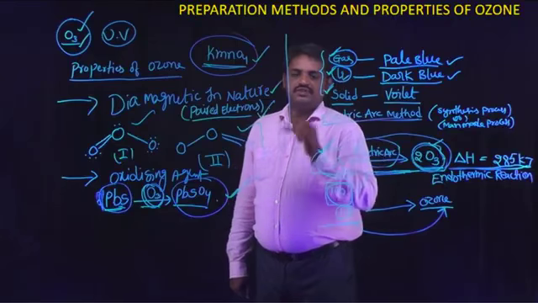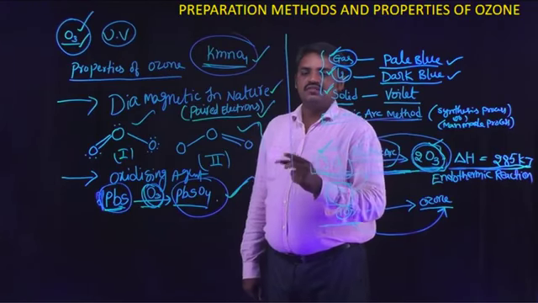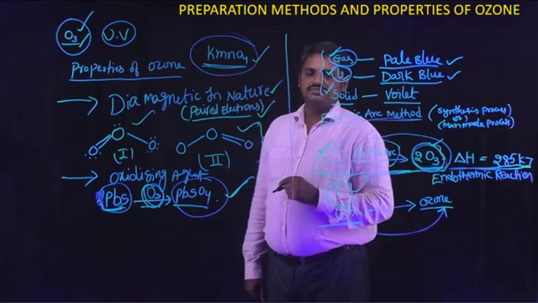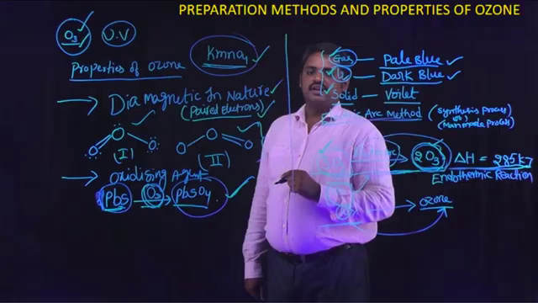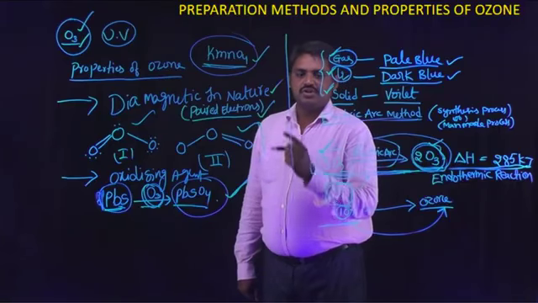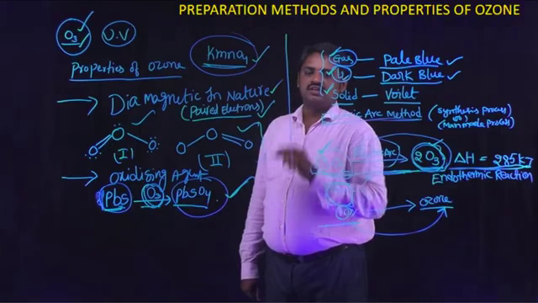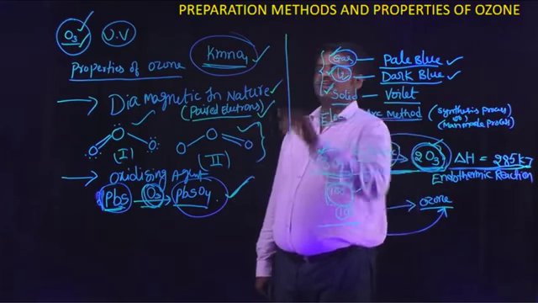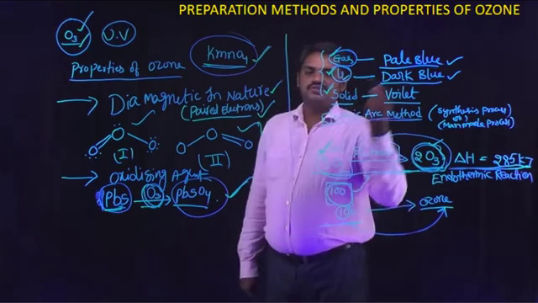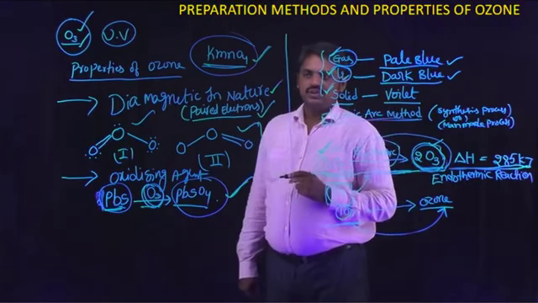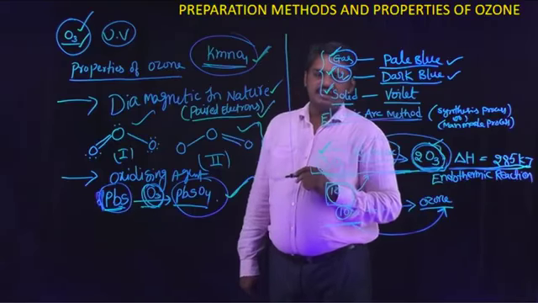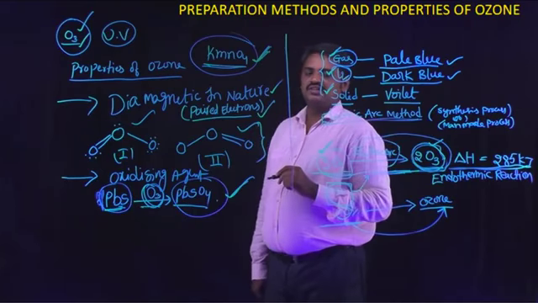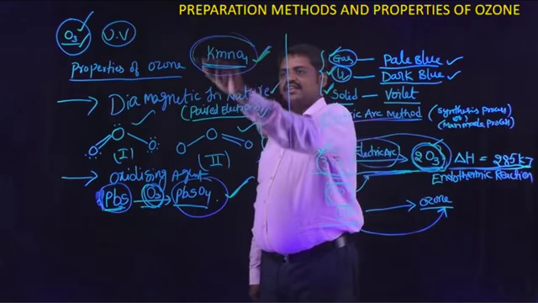Next, ozone molecules are involved in different processes, for example tarnishing of silver, tailing of mercury and rusting of iron. And one of the important uses: KMnO4 is used to make so many compounds. It is the best reagent in the laboratory and in different types of chemical industries.